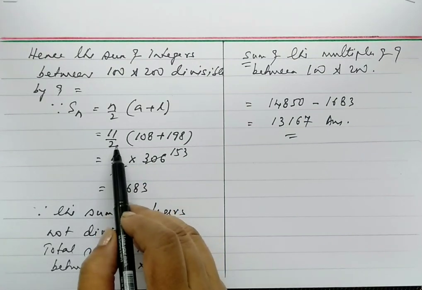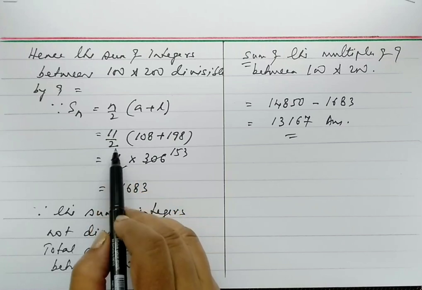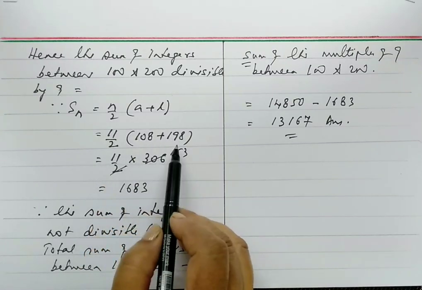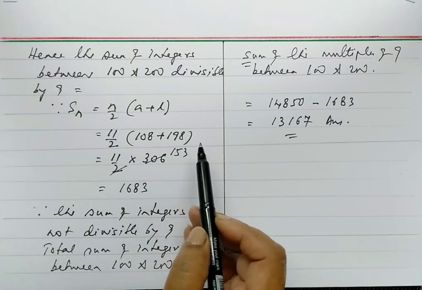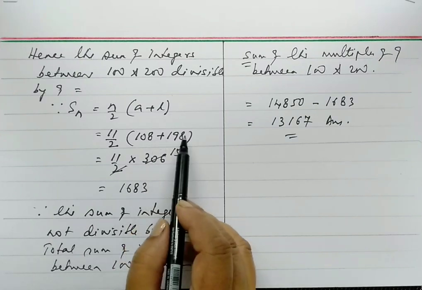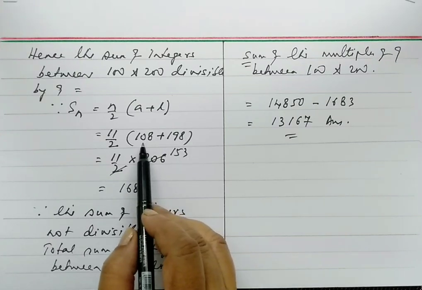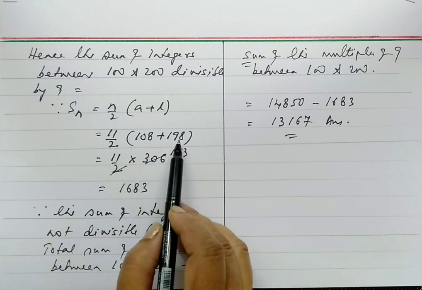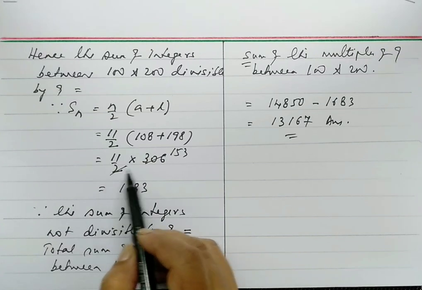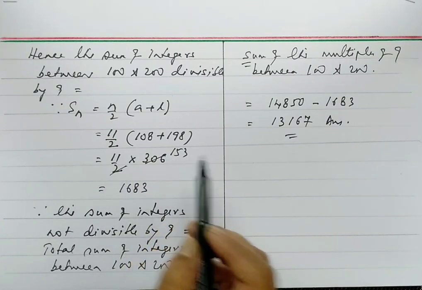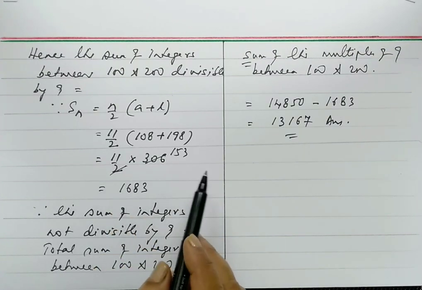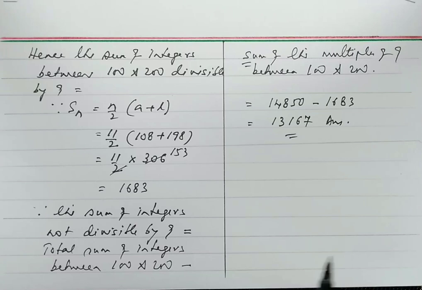So n equals 11 divided by 2, and the first term 108 and the last term 198. When you add these two, you get 306, which means when we cancel, we get 153 here by 2. So 11 multiplied by 153 is 1683.